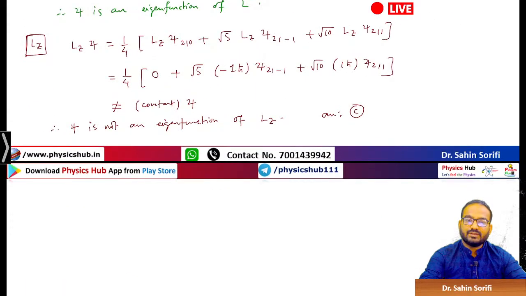Look, here we would like to mention one thing. So if you have some space, you can add this thing, a little bit of theory. You already know L² is equal to Lx² plus Ly² plus Lz².